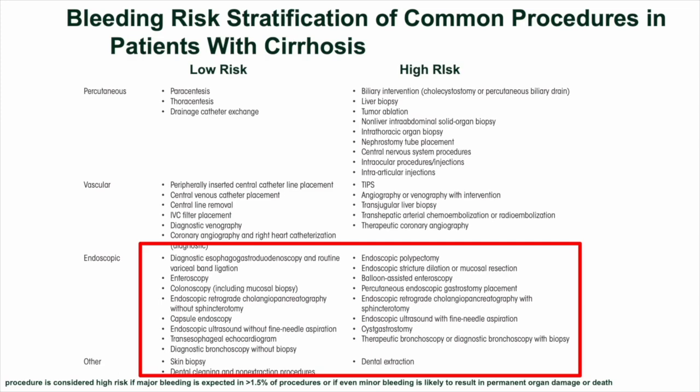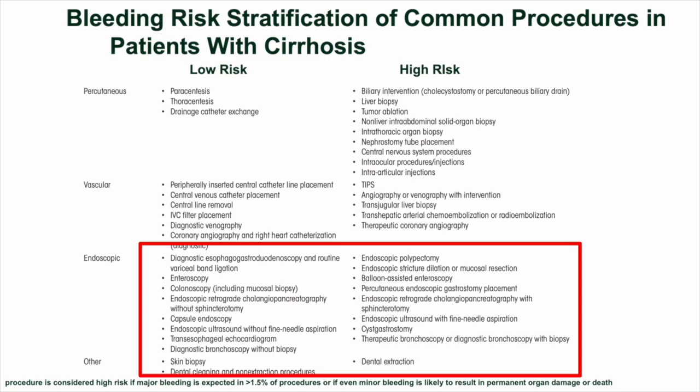High-risk procedures include polypectomy, stricture dilation, mucosal resection, balloon-assisted enteroscopy, PEG placement, ERCP with sphincterotomy, EUS with FNA, and cyst gastrostomy in the setting of pancreatic or pancreatitis sequelae. These are the high-risk procedures, defined as major bleeding expected in greater than 1.5% of procedures.